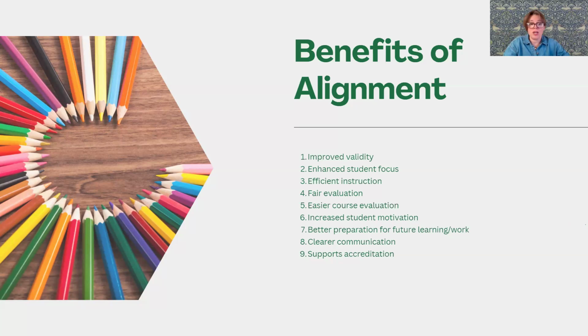Easier course evaluation, if you have set alignment in your course, and then easier to evaluate and make updates based upon student performance toward those objectives if your activities and assessments are well aligned.